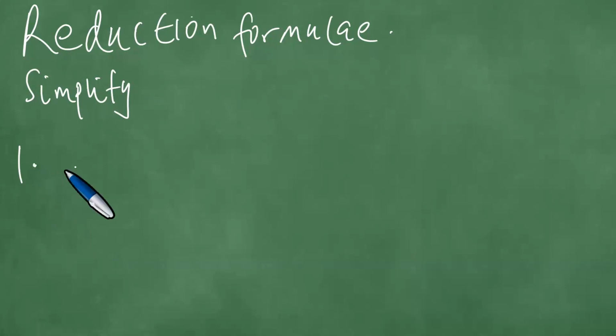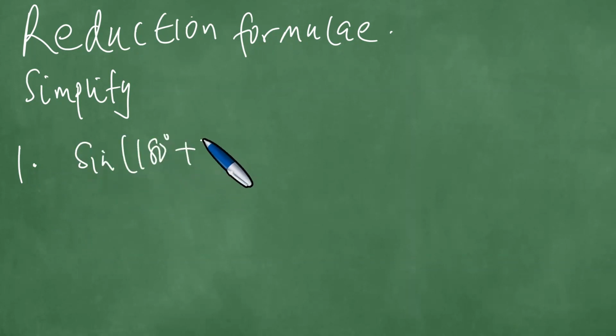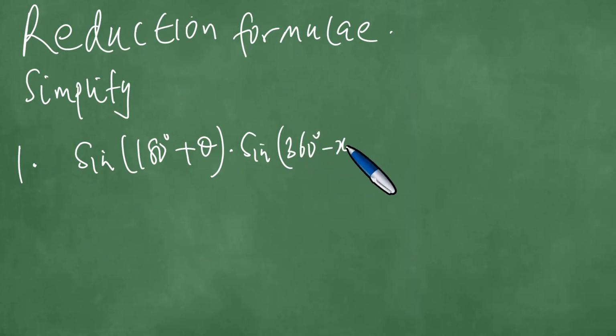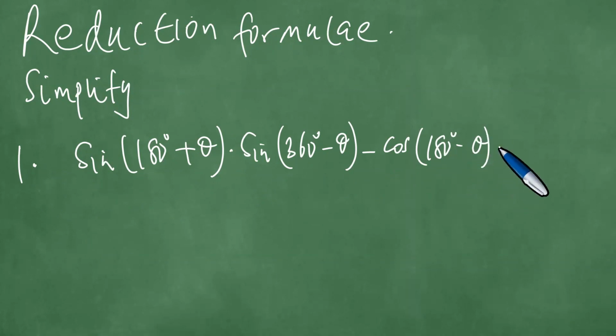Here's the question we need to simplify: the sine of 180 degrees plus theta, multiplied by the sine of 360 degrees minus theta, minus cosine of 180 degrees minus theta, times the cosine of minus theta. So how do we simplify these? Anyone?